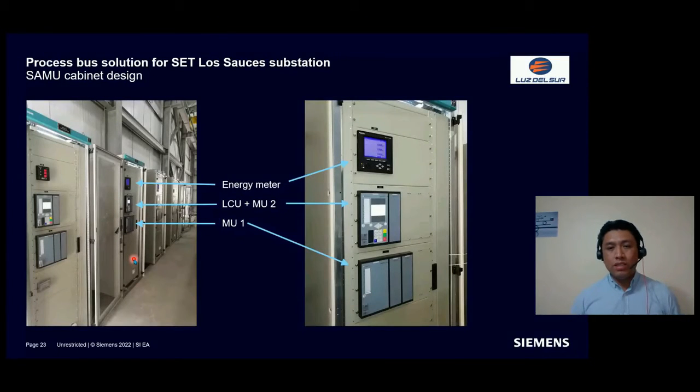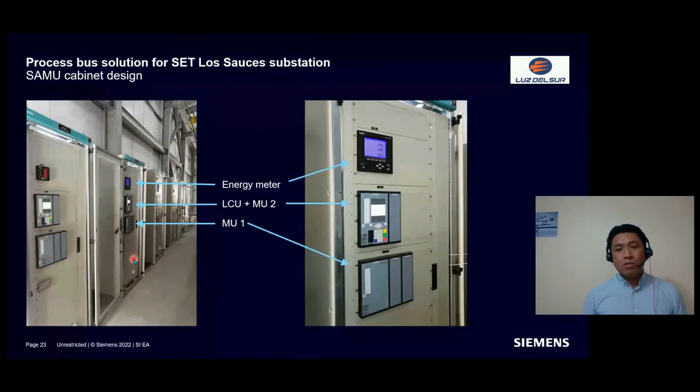Okay, nice. Here we would like to show you the SAMU cabinets, or merging unit cabinets, which house the devices from the process level. The project considered supplying one SAMU cabinet per bay, and each cabinet contains the merging units and energy meters.